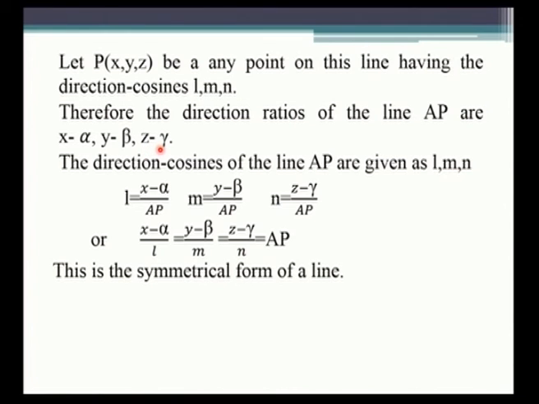So using these directional cosines, the equation of the line is given by (x minus alpha) by L is equal to (y minus beta) by M is equal to (z minus gamma) by N is equal to AP, which is the symmetrical form of a line. So from this explanation, we learnt how to get the equation of a line in symmetrical form.